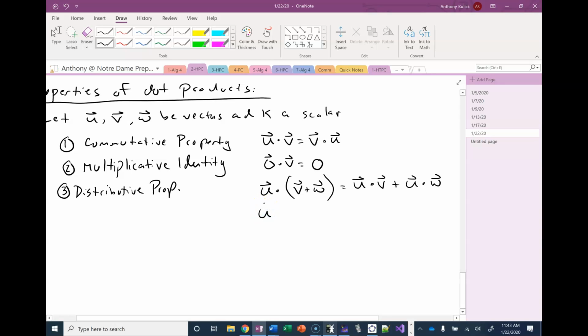And because the dot product is commutative, it doesn't matter which side the dot product is on, whether it's on the left or the right.